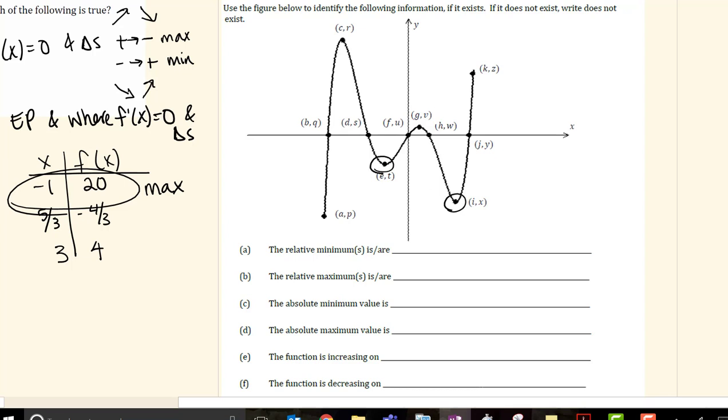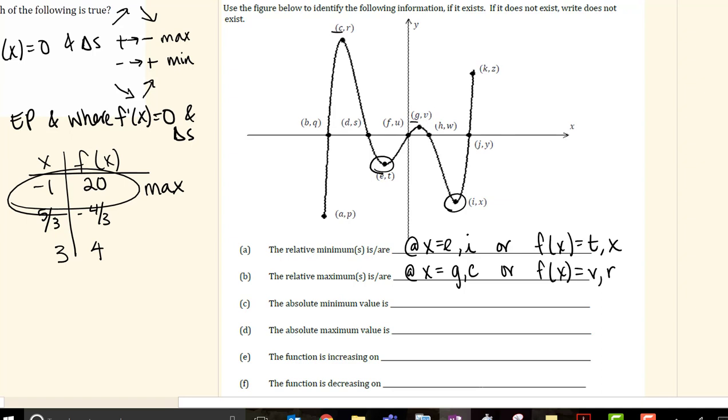The minimum is at, we can say, x equals e and i, or f of x equals tx, because those would be those y values. The maximums are going to be where x is g and c, or f of x equals vr.